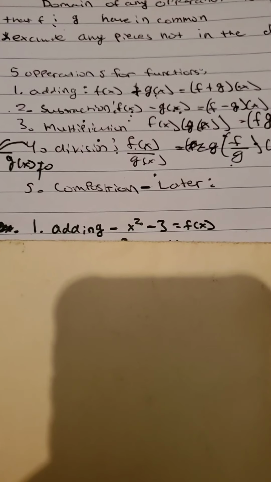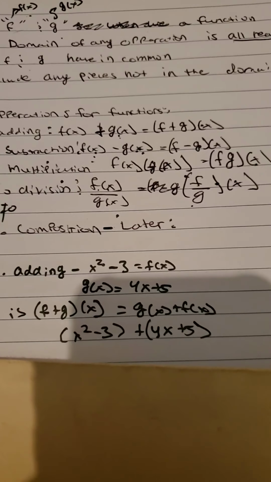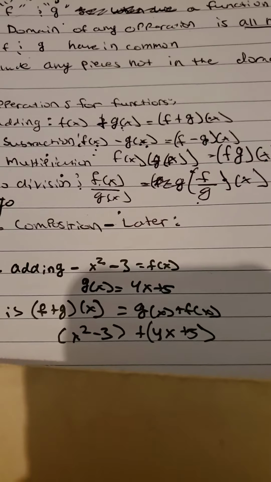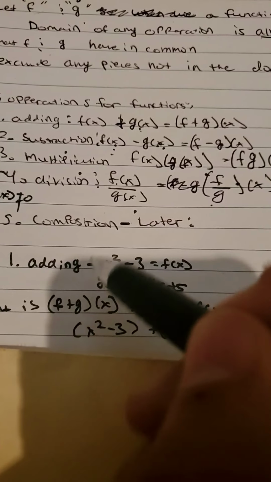Alright, so let's give an example of adding functions. x squared minus 3 is equal to f of x, and g of x is equal to 4x plus 5. What is the function f plus g of x?